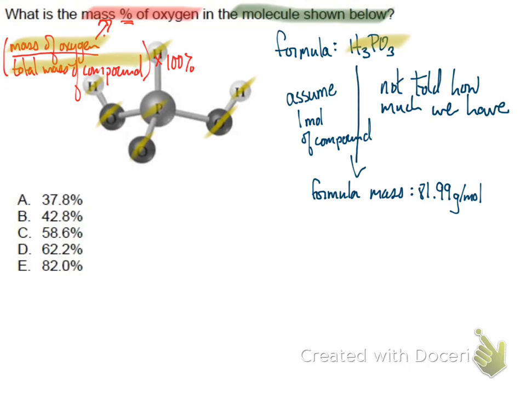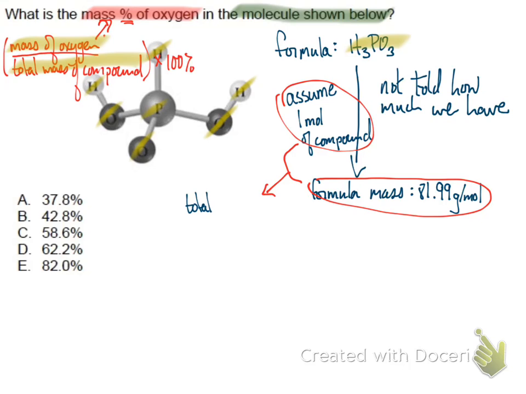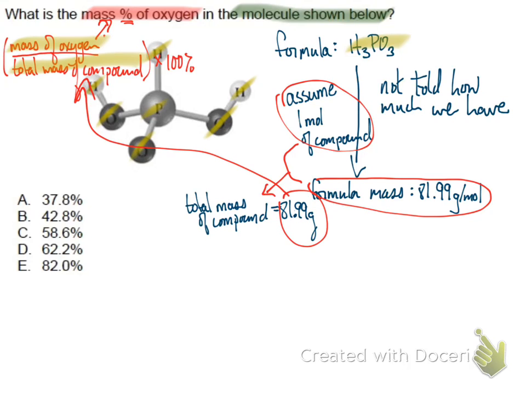Alright, but we've already assumed 1 mole of compound with this formula mass. And so together, that gives us that the total mass of compound is just equal to that formula weight, 81.99 grams.